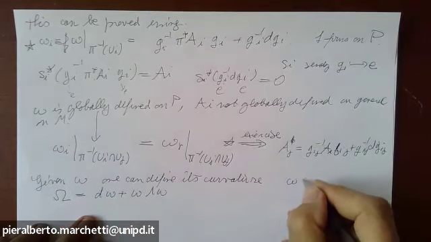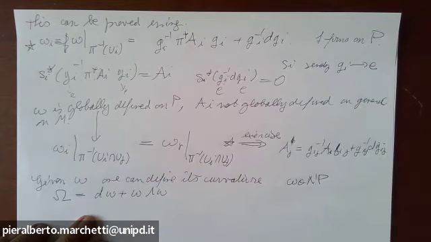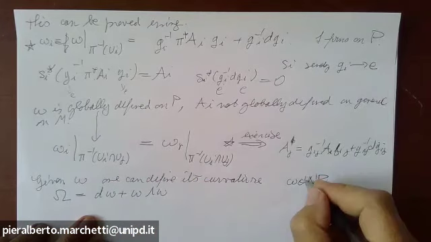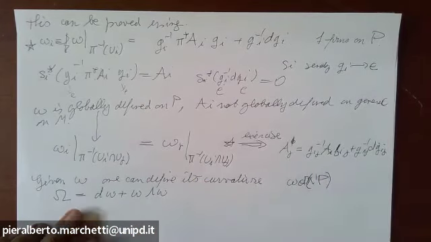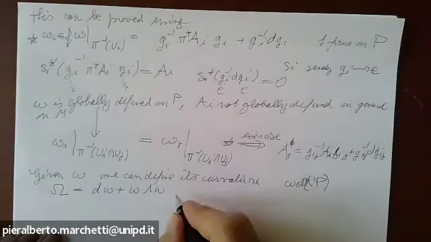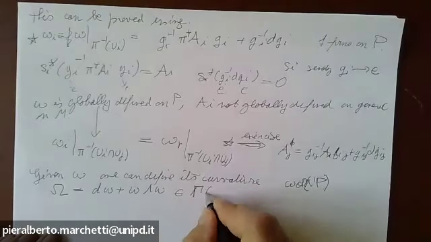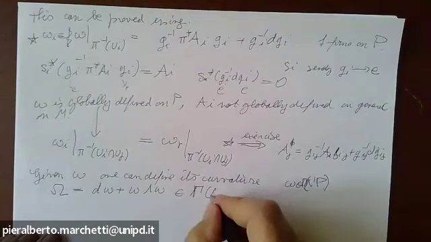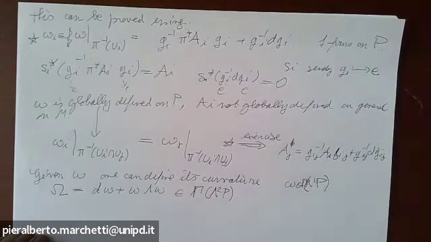Remember that omega was a one-form on P, so the curvature must be a two-form on P.